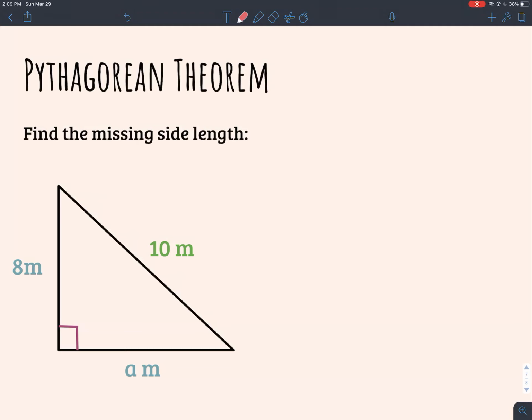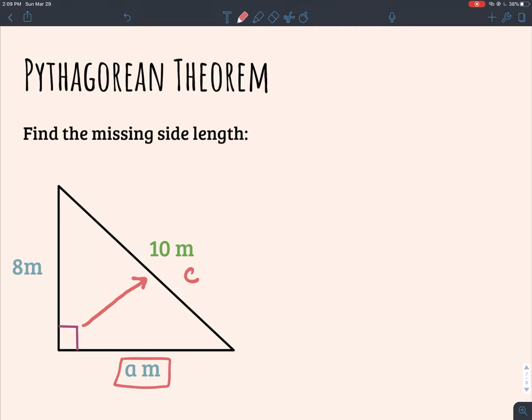Now we also have to look at finding the missing side length. So very, very similar. We have to label A, B, and C. Notice in the diagram we have our A. So now we have to figure out what B and C are. So if you notice, 90-degree angle, straight across.